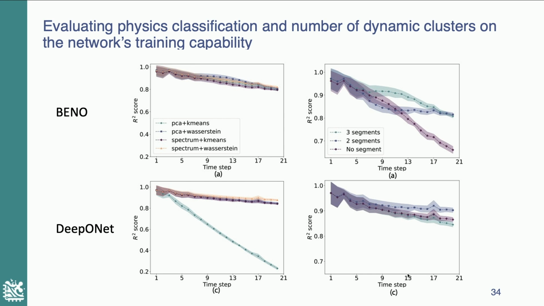But we also found that it depends a little bit on what type of model you are using, because we saw different results when using the Fourier neural operator or the DeepONet. In general, we also observed that using more than one model was usually yielding a better accuracy in terms of R-square.